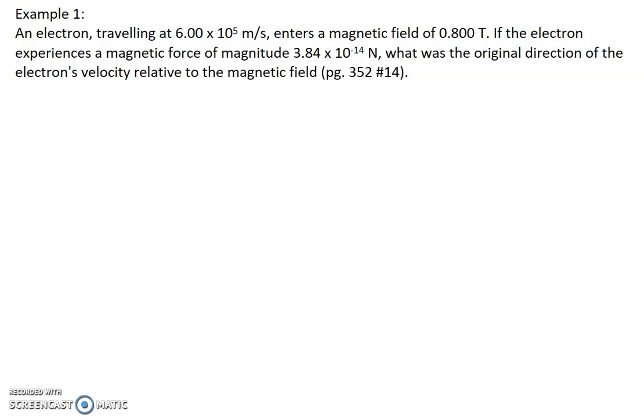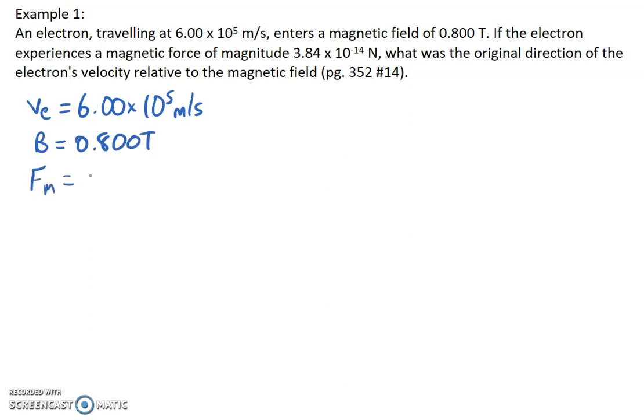Let's write down what we're given first. We know it's an electron, so the velocity of the electron, we know only the magnitude, is 6.00 times 10 to the 5. We also know the magnetic field's magnitude and the magnitude of the force.